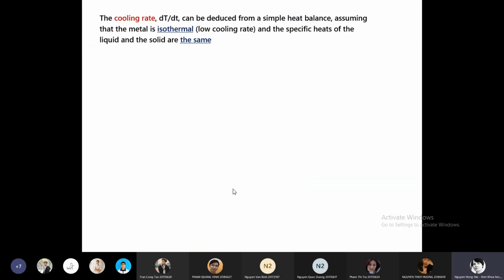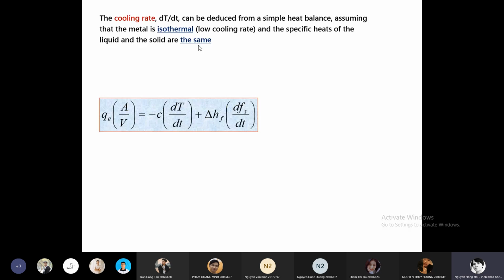And the cooling rate, a very important parameter of the solidification process, can be deduced from a very simple heat balance. If you assume that the metal is isothermal at a very low cooling rate, and the specific heats of the liquid and solid are the same. They can differ a little bit, but we assume that they are the same. So in this case, you can write this equation, the heat balance.